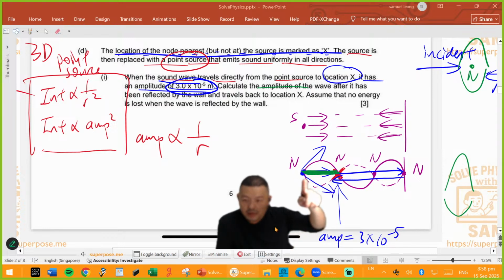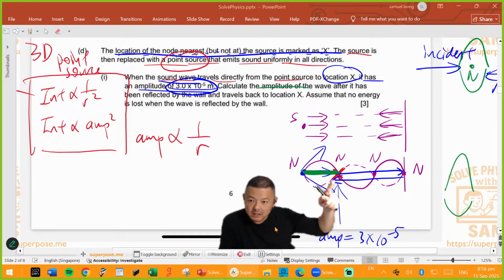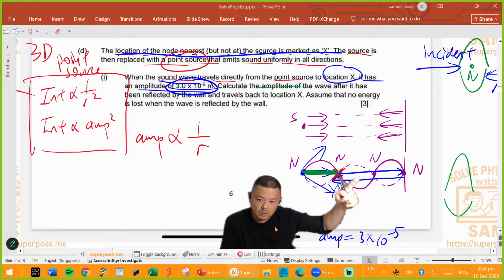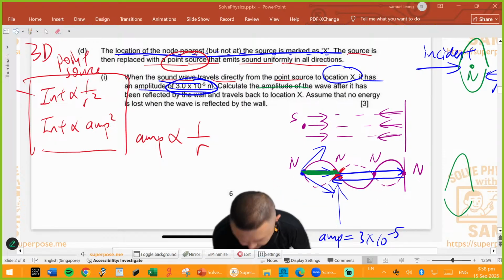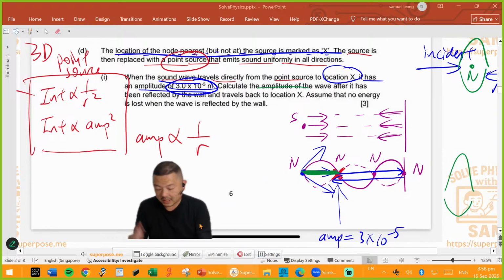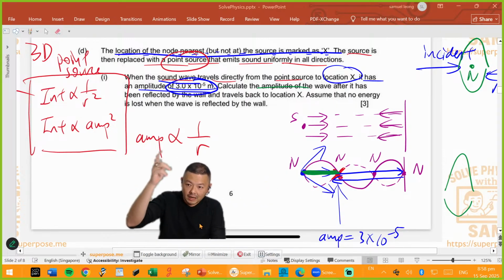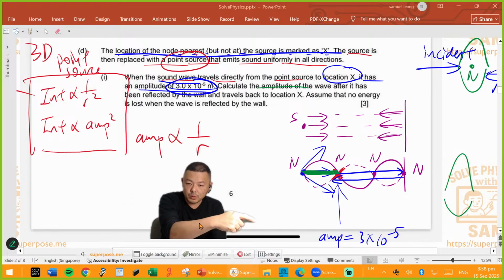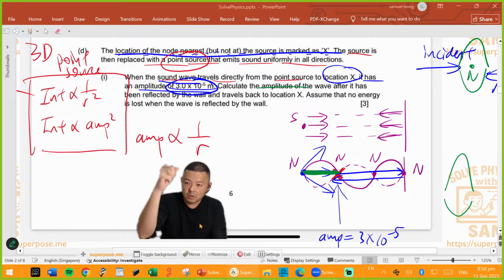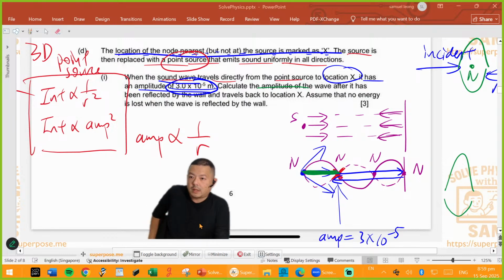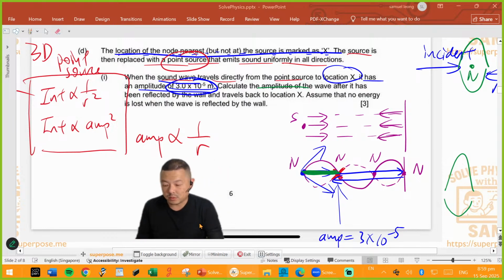Then when it comes back to X again, what's the total distance traveled? 2.5, right? So half, and then 1 and 2. So 2.5 wavelengths, right? And yeah, that's what they want you to do. When you're half a wavelength away, the amplitude is 3 times 10 to the power of minus 5 meters. So what happens when you're 2.5 wavelengths away? Like what would be the new amplitude?